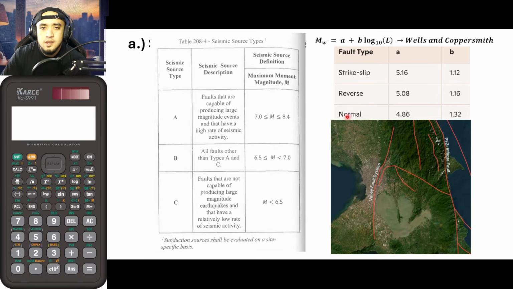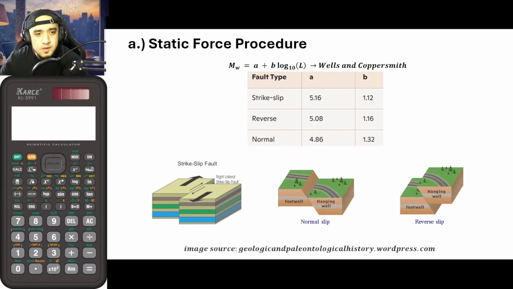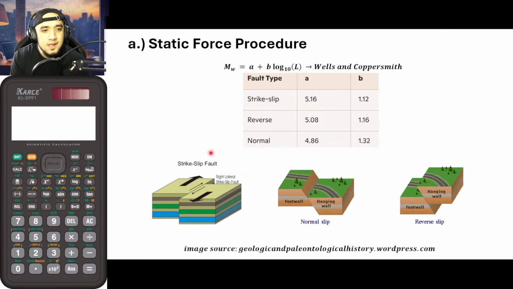Okay, so let us have a little bit of a background about those fault types. We have here the strike slip fault, that is the first one, the reverse, which is this one here, and the normal, which is at the middle. For the strike slip fault, as you can see here, it is rather sideways. Suppose that this here is the fault line.